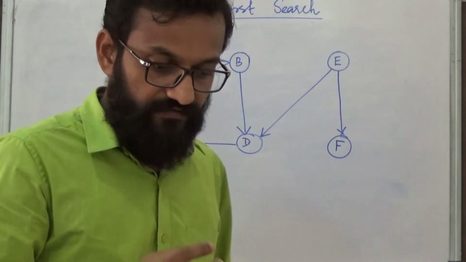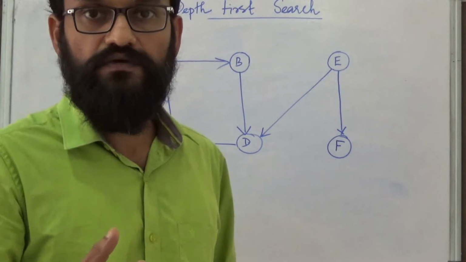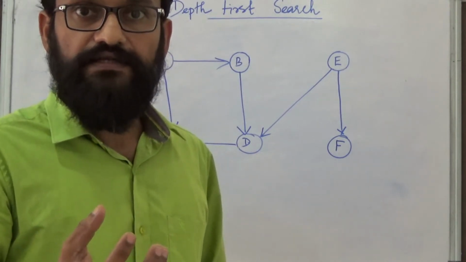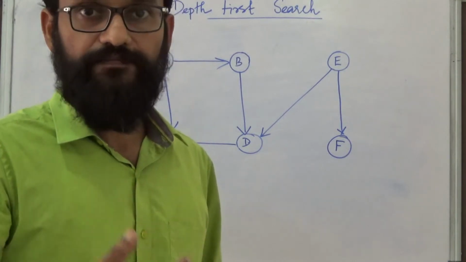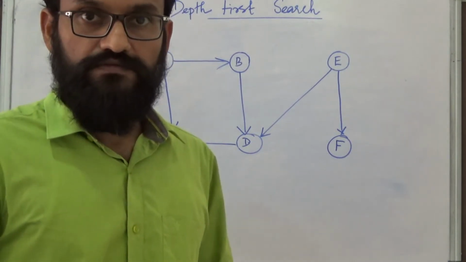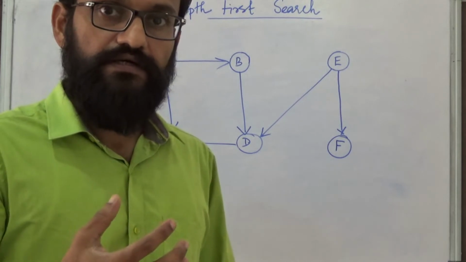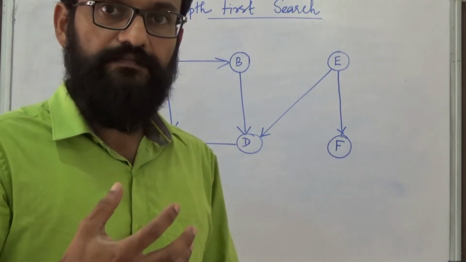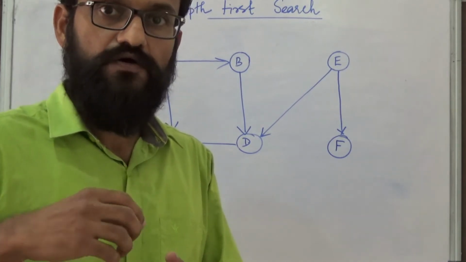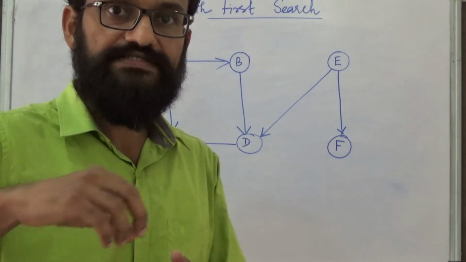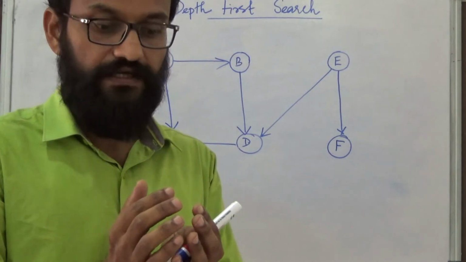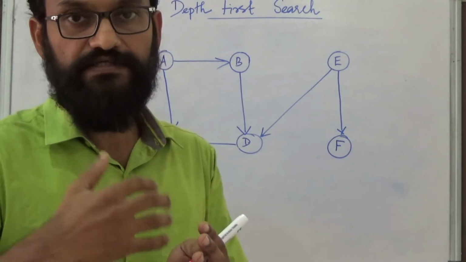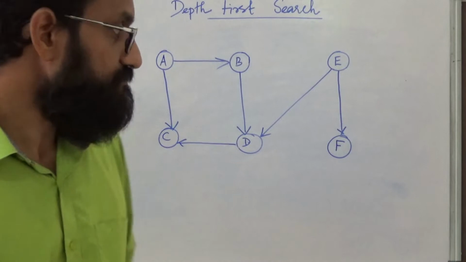Whenever this algorithm discovers a particular node, its color will turn from white to grey. Whenever this algorithm discovers all the vertices that are reachable from a particular grey vertex, then the color of this grey vertex will turn to black.